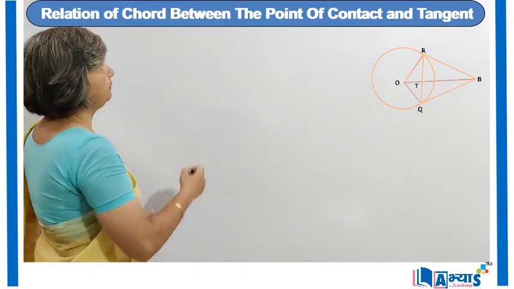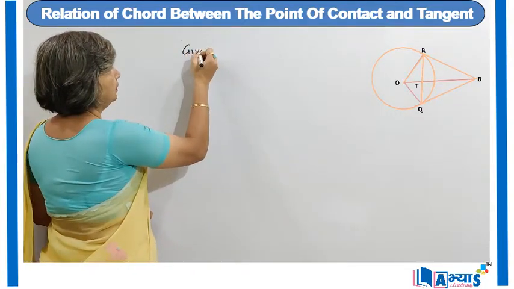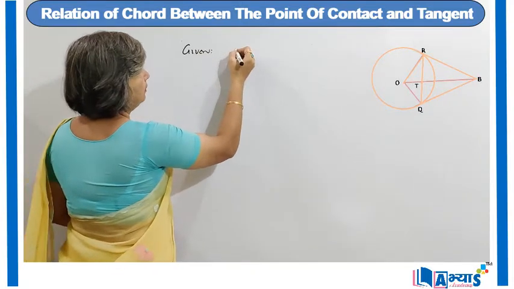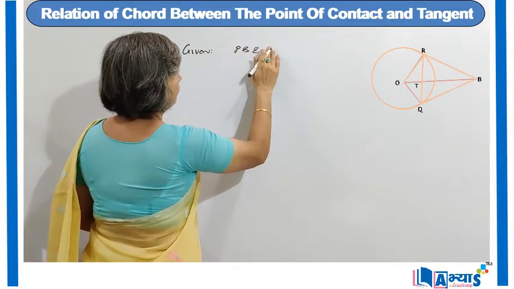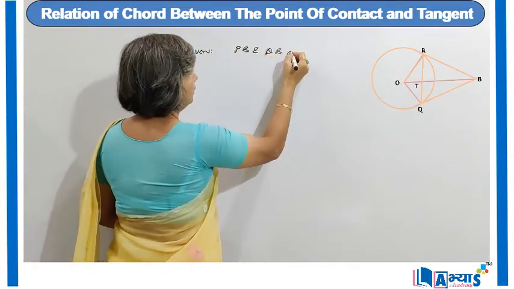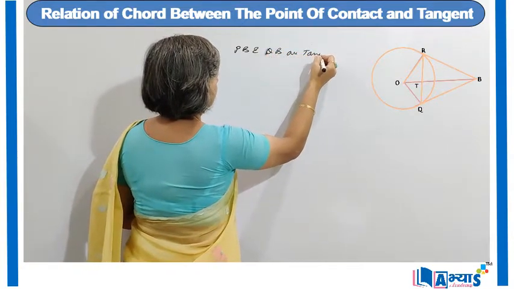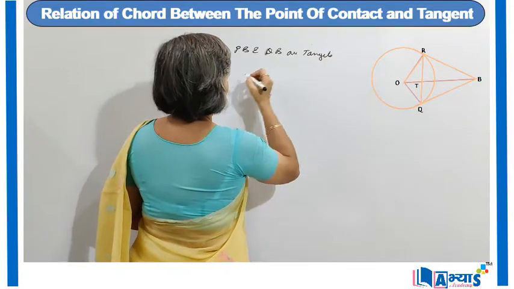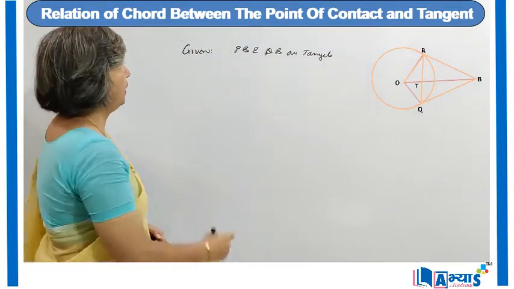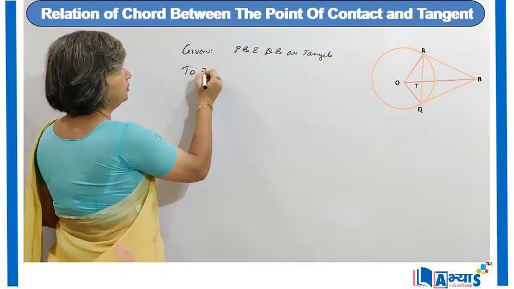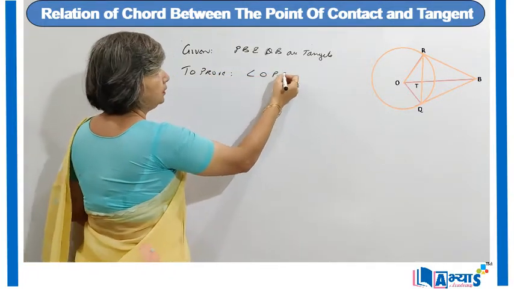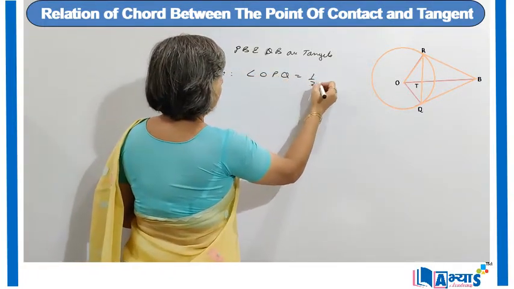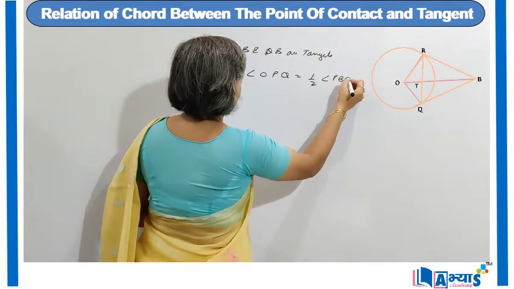So it has been given to us that PB and QB are tangents from point B, and we have to prove angle OPQ is half of angle PBQ.